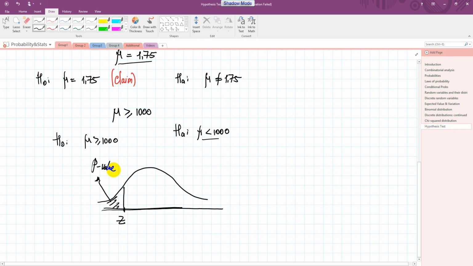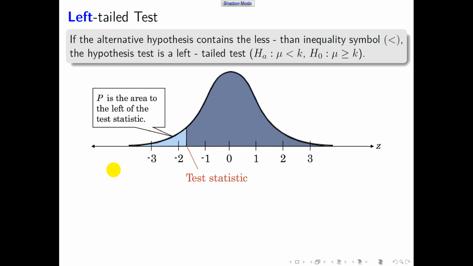So just understand which test we need to choose depending on the sign of the alternative hypothesis. Okay? If the sign of the alternative hypothesis is less, we are going to use the left tail test. What does it mean? I'm going to find the z-score, and I'm going to take this area, which is more to the left of your standard score, your critical point, as the p-value.